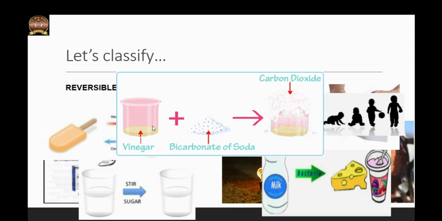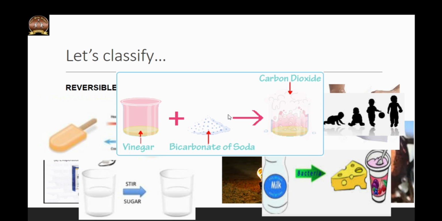Have you tried mixing vinegar and bicarbonate of soda? This is a kind of process that makes dough fluffy and soft because it leads to the release of a gas called carbon dioxide along with lots of bubbles and froth.